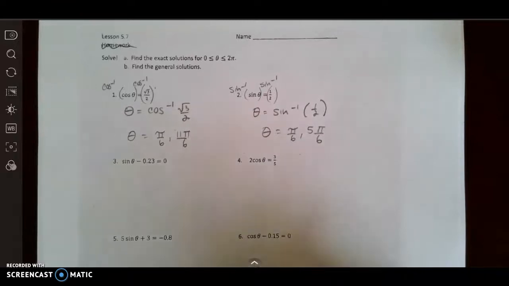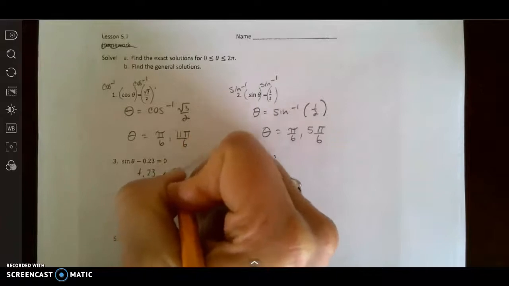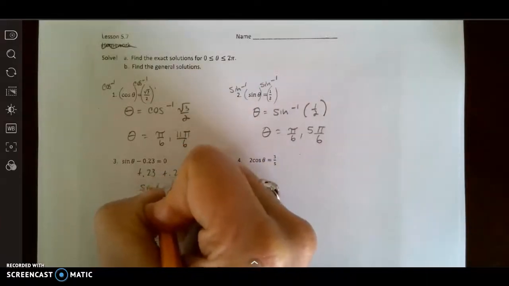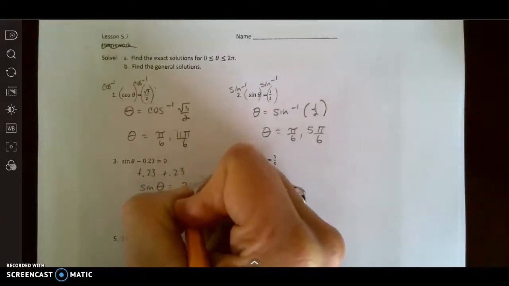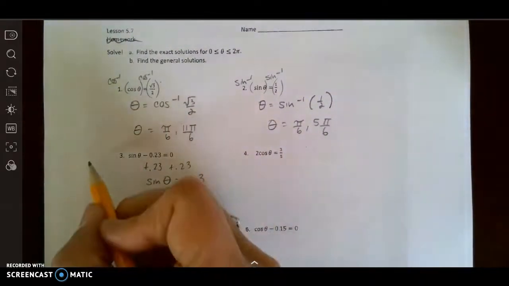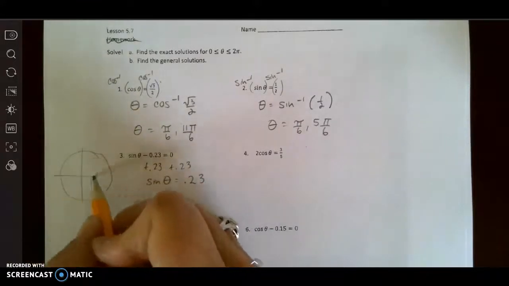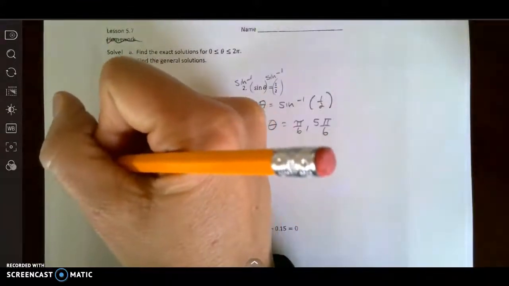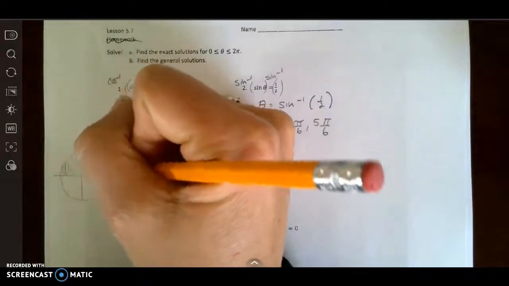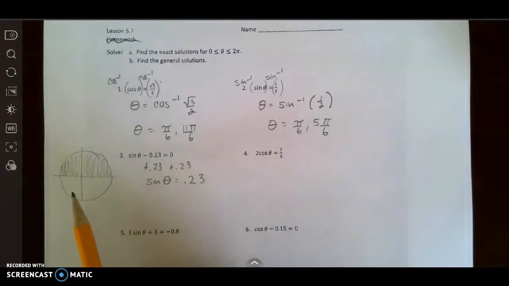I'm going to need to add 0.23 to each side. And I get that sine of theta is 0.23. I know that's not on the unit circle, so I'm going to draw a picture of my unit circle. And I know that sine is positive in these two quadrants, so I'm going to need a quadrant 1 and a quadrant 2 answer.